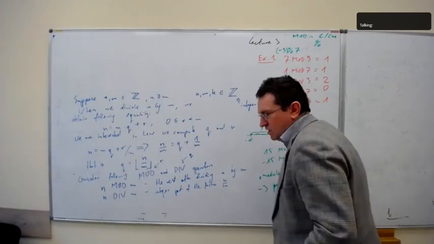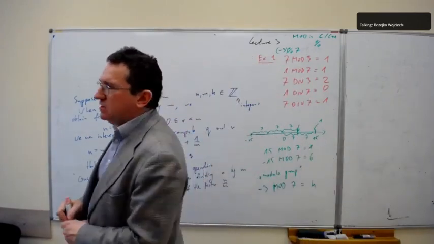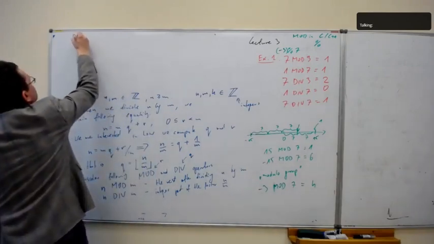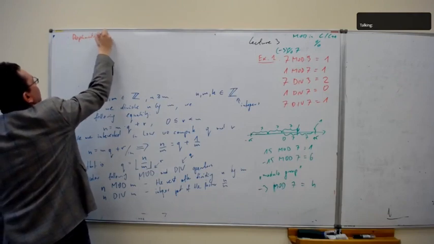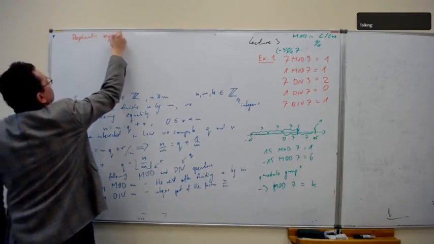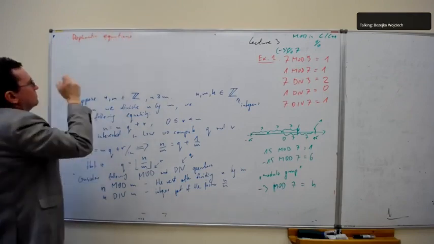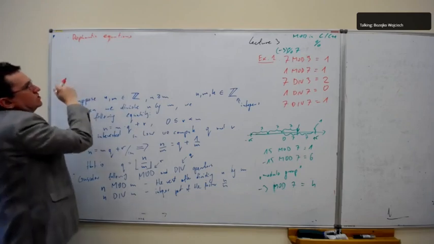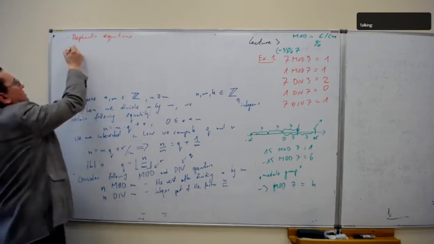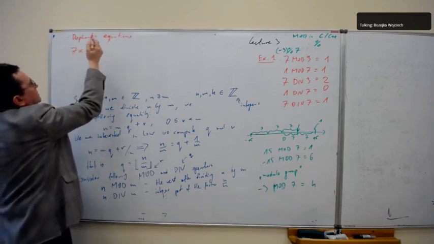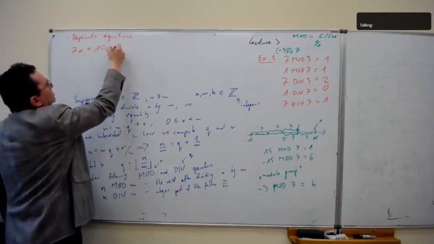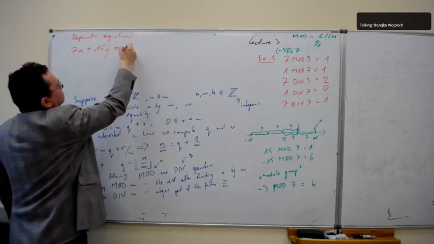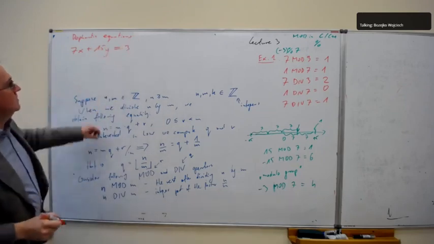There is something called Diophantine equations. Something like this. Let us write maybe 7x plus 15y equals 3.